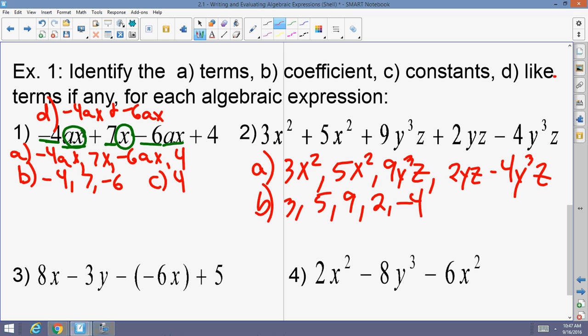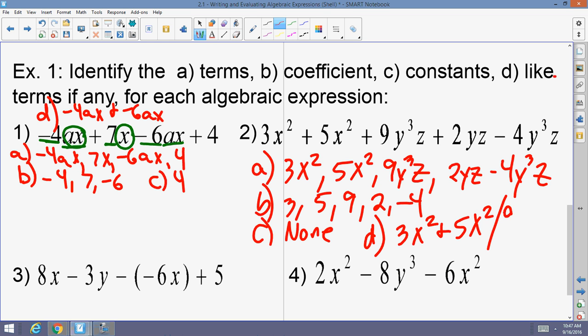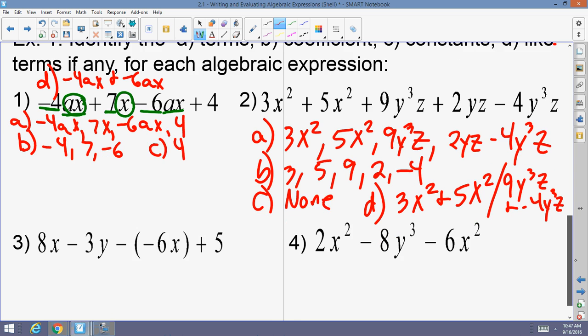Good. What are my constants? None. Beautiful. What are my like terms? 3x squared and 5x squared. Beautiful. And 9y cubed z with negative 4y cubed z. Beautiful, gentlemen. Very proud of you.